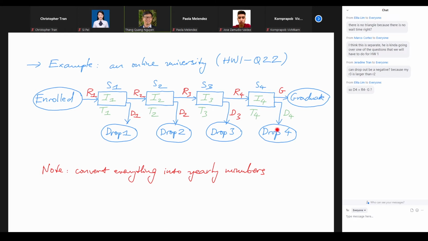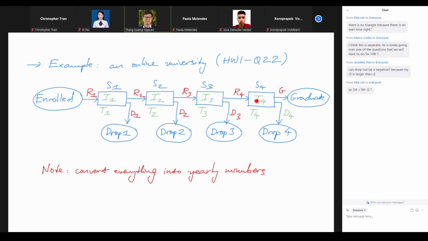Right, so at this point, we know all the numbers. And then the next question I would like to ask you is, what is the retention rate of stage number 4? What is the retention rate of stages 2, 3, and 4? So how to find the retention rate? Retention means the percentage of students that you can keep through the university, right?